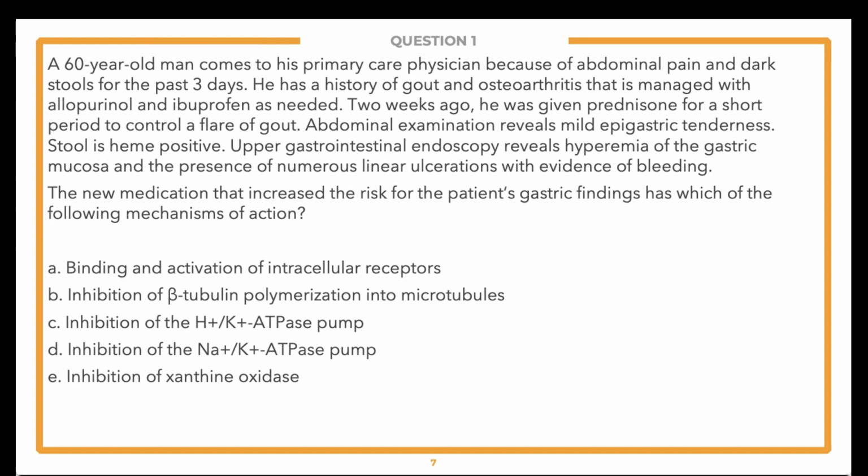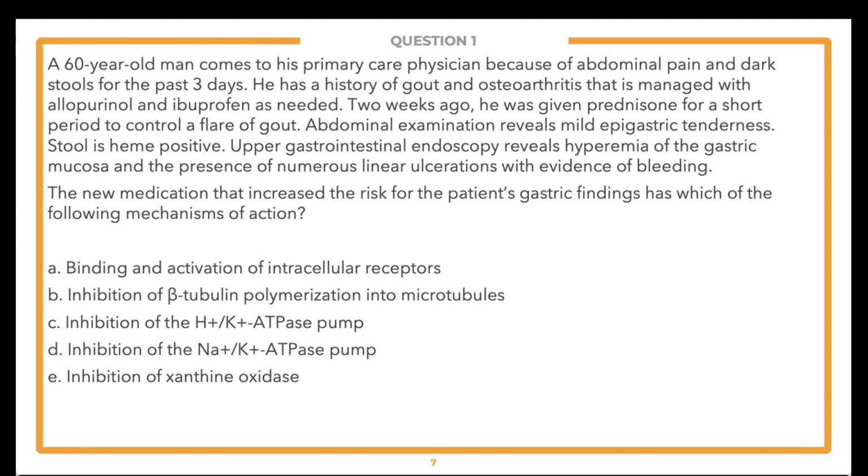Okay. So from the bottom, answer choice E, inhibition of xanthine oxidase. Answer choice D, inhibition of the sodium-potassium ATPase pump. Answer choice C, inhibition of the hydrogen-potassium ATPase pump. Answer choice B, inhibition of beta-tubulin polymerization into microtubules.